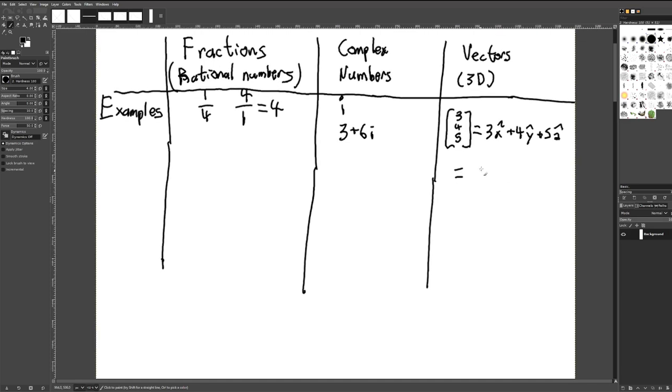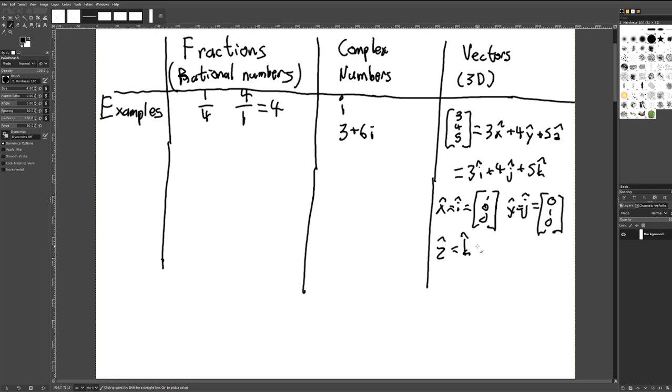Sometimes people use i, j, and k instead of x, y, and z: 3i hat plus 4j hat plus 5k hat, where x hat equals i hat equals (1, 0, 0), y hat equals j hat equals (0, 1, 0), and z hat equals k hat equals (0, 0, 1).